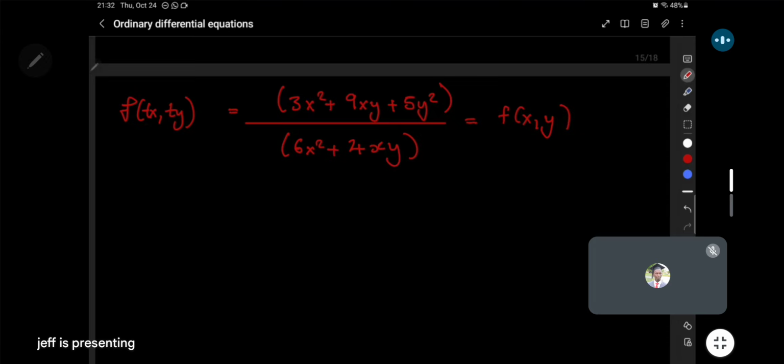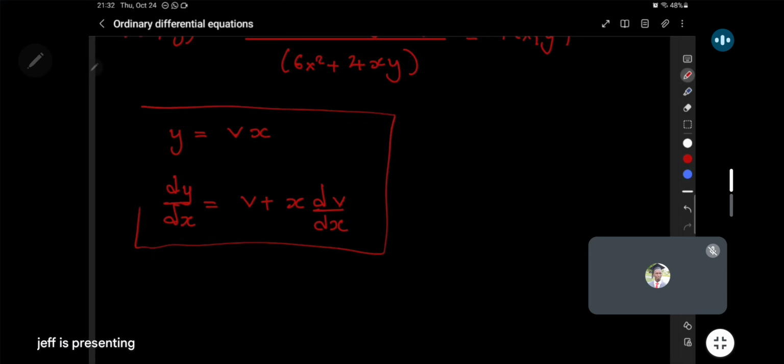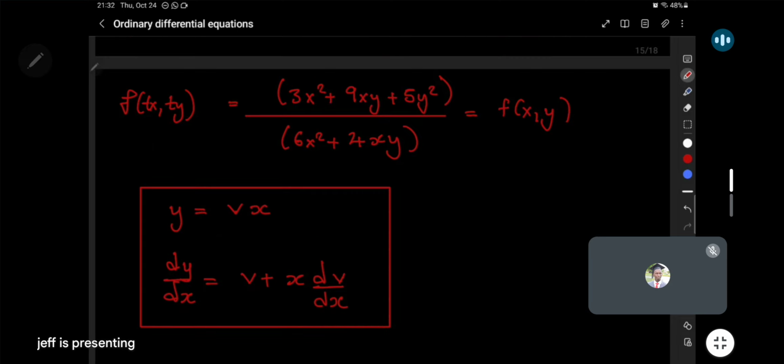For homogeneous differential equations, as we pointed out, we know that y equals vx is a solution, and dy dx will reduce to v plus x dv dx. So this is what we have. So we're going to get these two and substitute them in this expression.